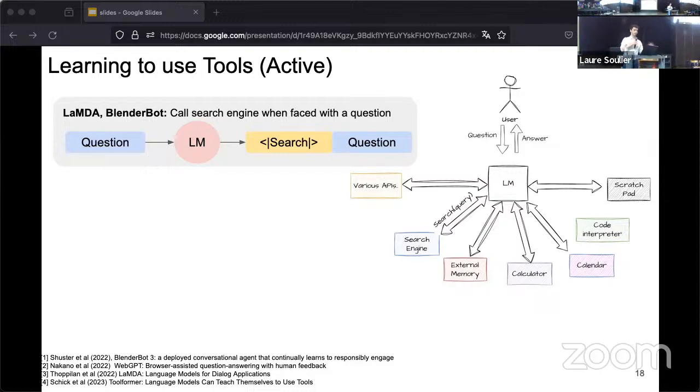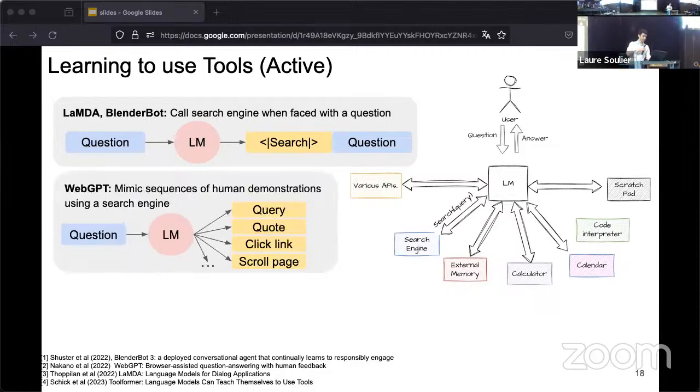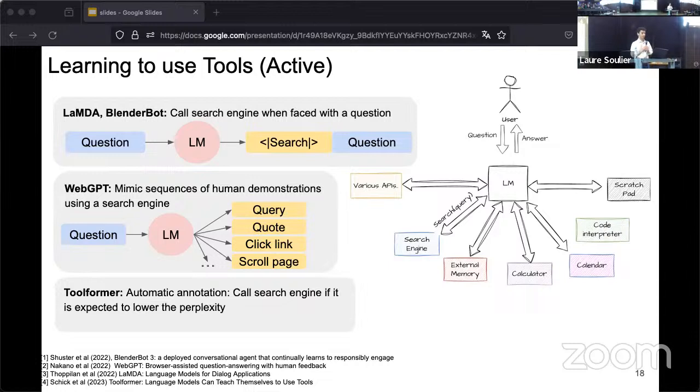So for a question, it generates a search token, which allows the model to call the search engine. Models such as WebGPT are trained to interact directly with the search engine. They are given the ability to query, quote, follow links and scroll pages before answering.